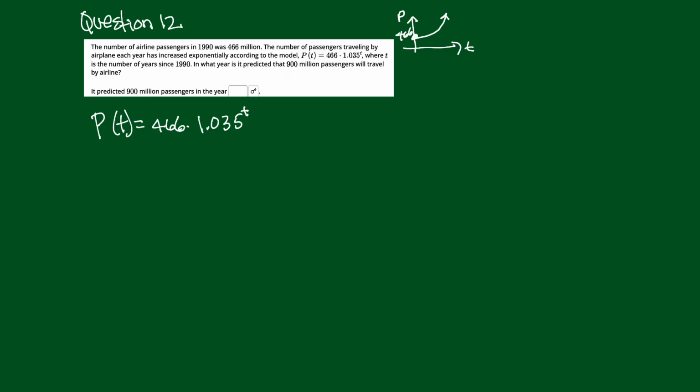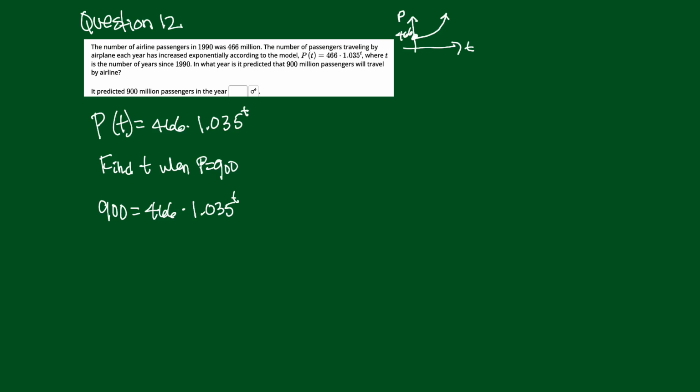So here's what I'm trying to do. I'm trying to find t when P is equal to 900. So let's put that in. 900 is equal to 466 times 1.035 to the t.